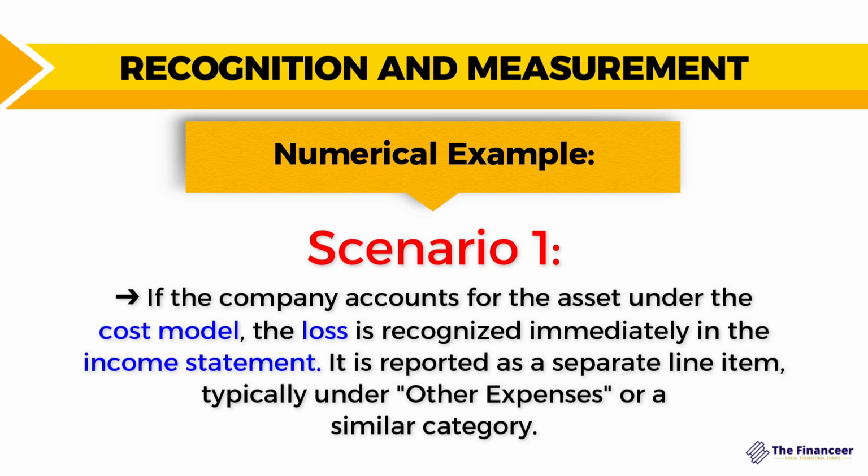It is also reported as a separate line item, typically under other expenses of similar category or income from discontinued operation, which is aligned with IFRS number 5. So this loss will be reported in a separate line item under the name income or loss from discontinued operations or from assets held for sale.